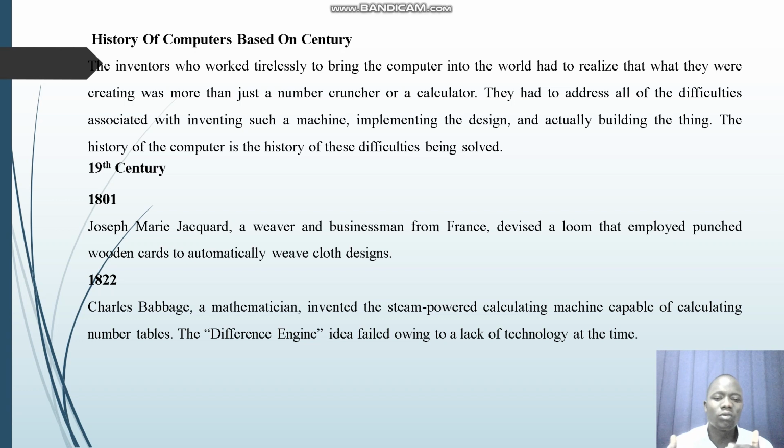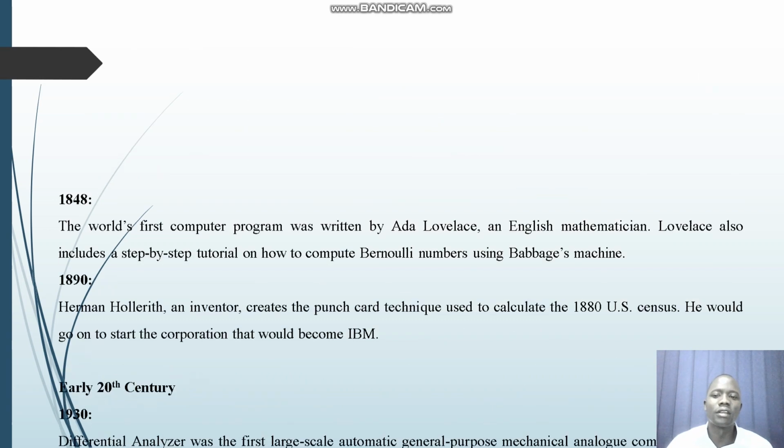And this history was arranged and the years kept on developing. For example, we look at Charles Babbage in 1822. This man was a mathematician who invented the steam-powered calculating machine, capable of calculating numbers. That was in the 19th century.